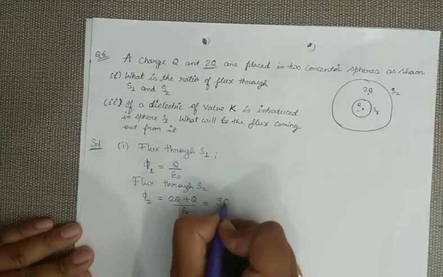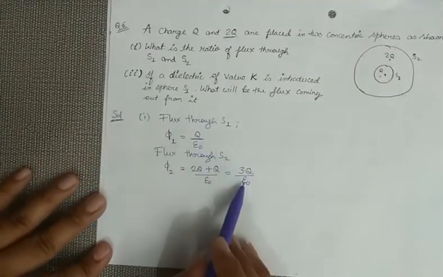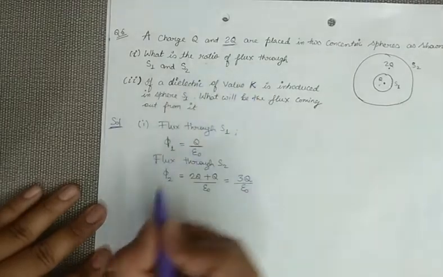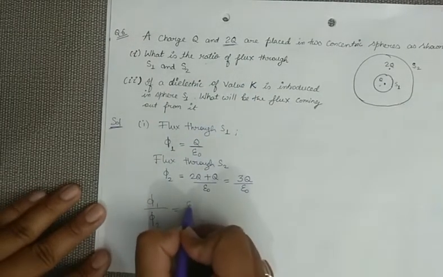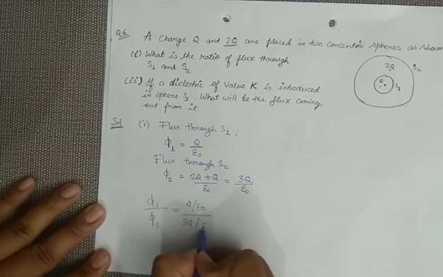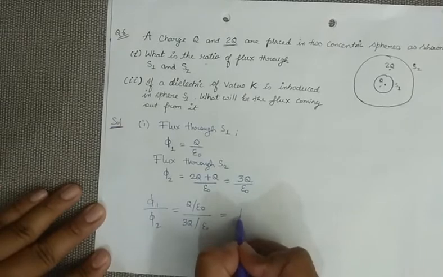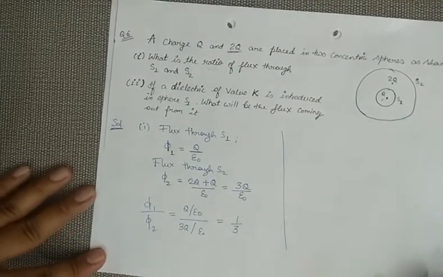That is 3 times Q divided by epsilon naught. These are the two fluxes, and I have to find the ratio. So for the ratio, take phi 1 divided by phi 2, that is Q by epsilon naught divided by 3Q by epsilon naught. So you will get your answer 1:3. This is the ratio of the flux.